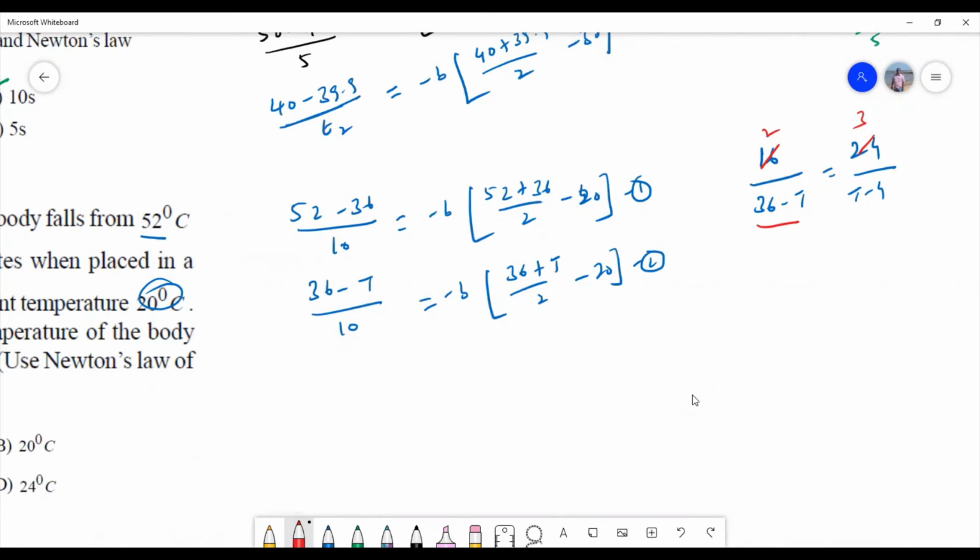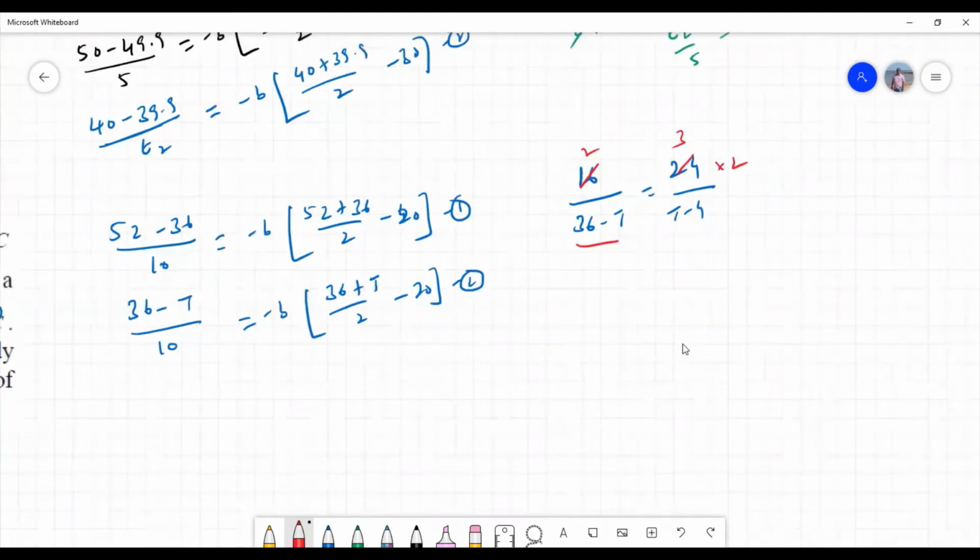If I divide these two, there is a 2 here because I took 44 but there is a 2 here, so there will be 2 again. Why? Because 36 plus t by 2 minus 40, so this 2 will go up.